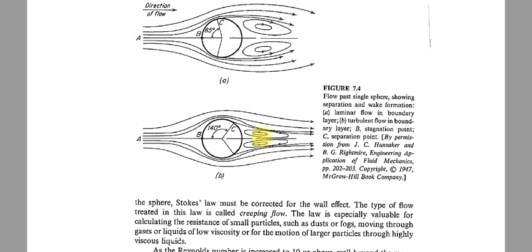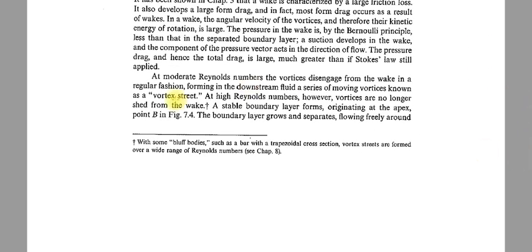That's why when you increase the velocity and go to a Reynolds number higher than 3 lakhs, the value of drag will reduce suddenly. Okay, so this is called the vortex. Sometimes this vortex starts to move in this direction, and that is called the vortex street. So here it is defined, vortex street.